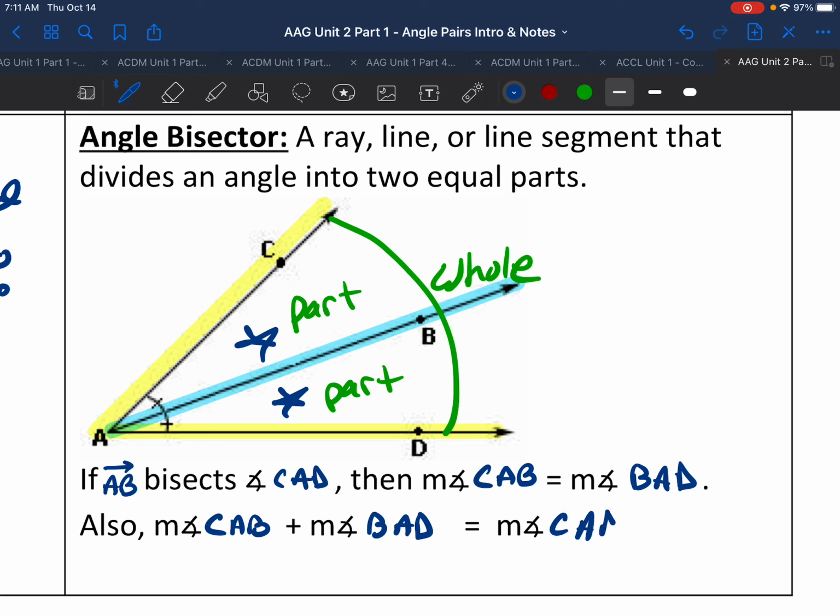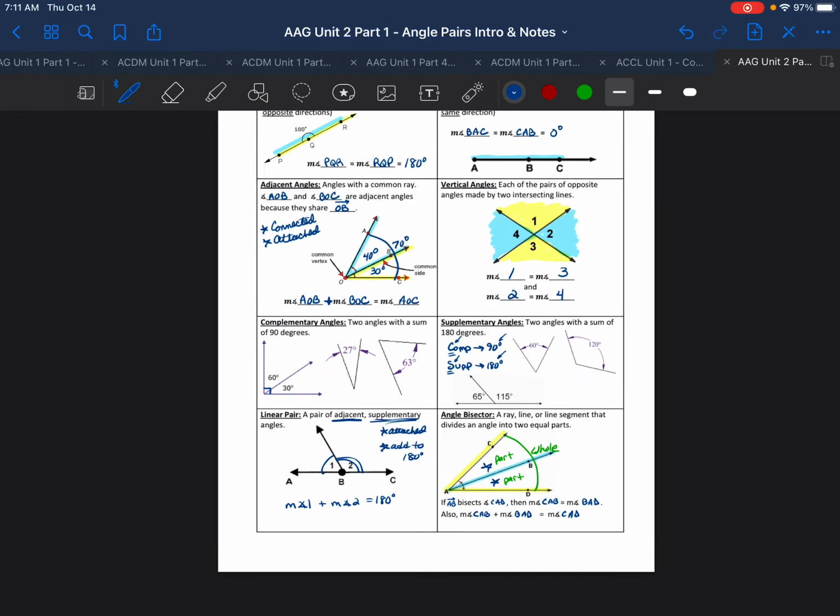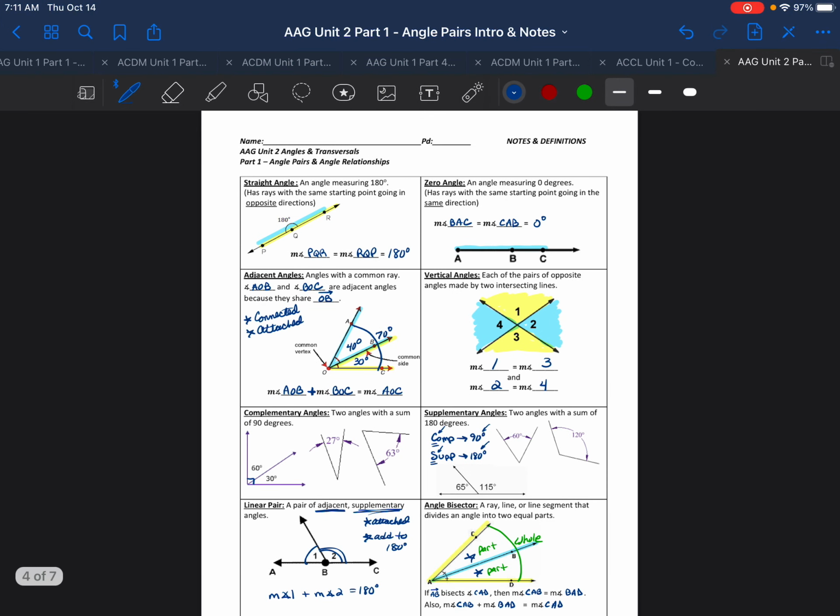That's going to be angle CAD. All right, so in summary, an angle bisector is something that chops the larger angle into two equal pieces, cuts it equally in half. All right, so ladies and gentlemen, those are our 8 main ideas. In the next few videos, we're going to go over some actual examples that include algebra and using these definitions.